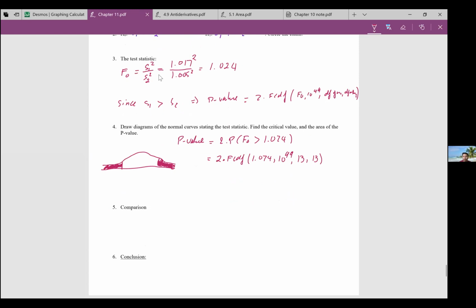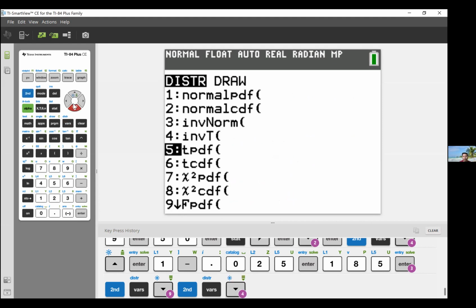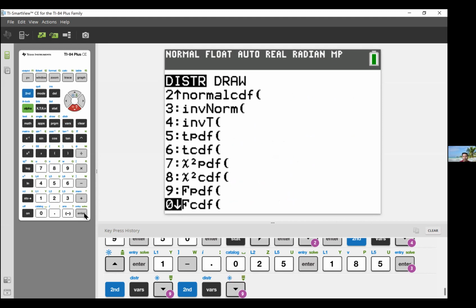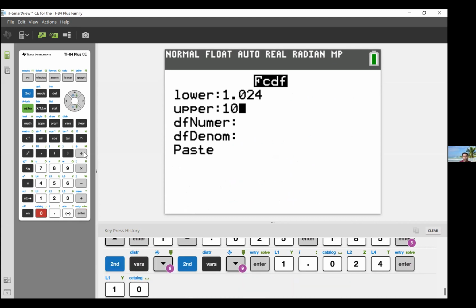All right, so here's the calculator again. When you select FCDF, I'll walk you through one more time. Second VARS, scroll down all the way until you see FCDF, and press enter. It's going to ask you for the lower bound, and of course we put in 1.024. The upper bound will be 10 to the 99.